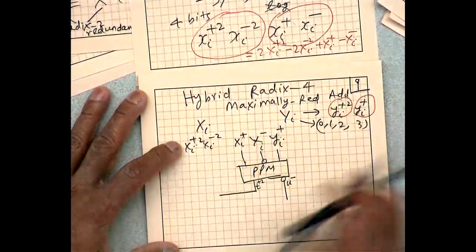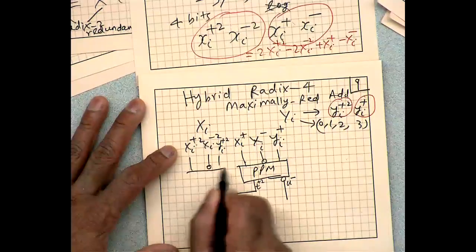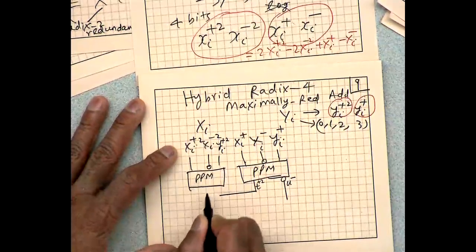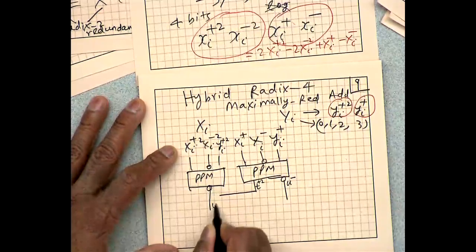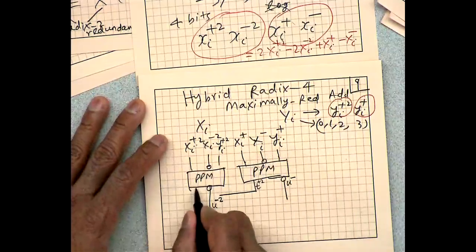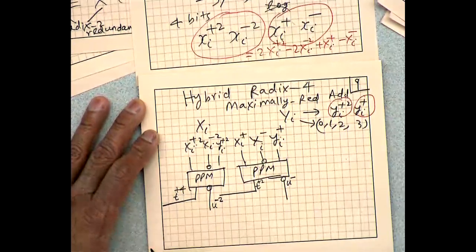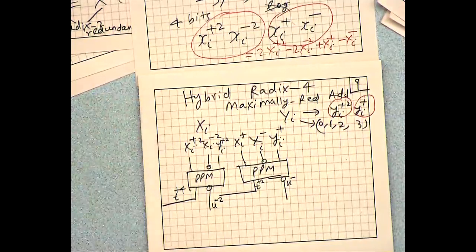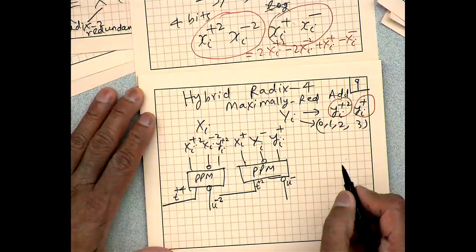So this is yi plus 2, put this into another ppm adder, and we get another u minus, but this time this will be u minus 2, because these weights are twice more than these weights, and this is going to be the transfer digit, which is really t plus 4. Plus 4 is fine. Okay, let's take a look at what we got so far.